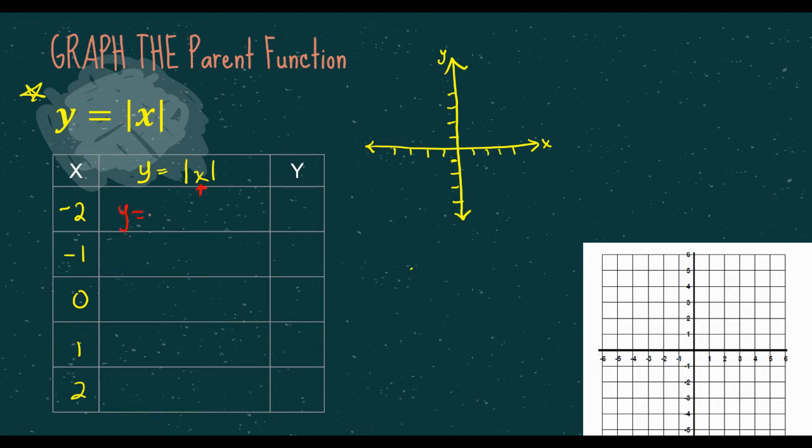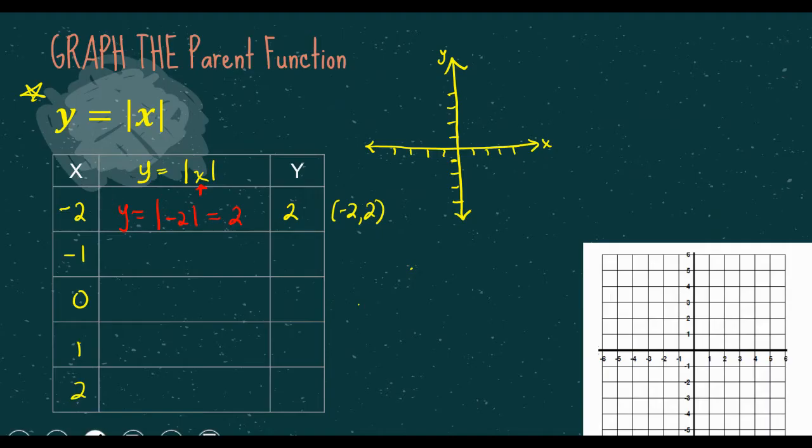So Y equals absolute value of -2, as we plug in the -2 for X. What is the absolute value of -2? That would be a +2. We just went over that. Remember, it always comes out to be positive outside the bars. And then we put those two XY numbers together for the point -2, 2.